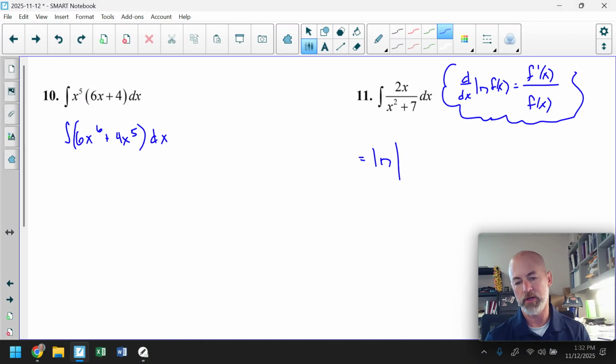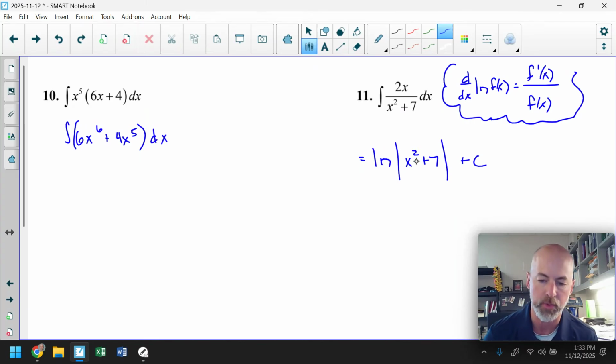It's the natural log of the absolute value of x squared plus 7, and in this particular instance, the absolute value isn't necessary because x squared plus 7 cannot be negative anyway. So if you forgot the absolute values in this case, it's not wrong, but it's never wrong to put absolute values there. I say always use the absolute values and not try to worry about whether it's needed or not. And that is a good stopping point on this one, and hopefully this makes sense.